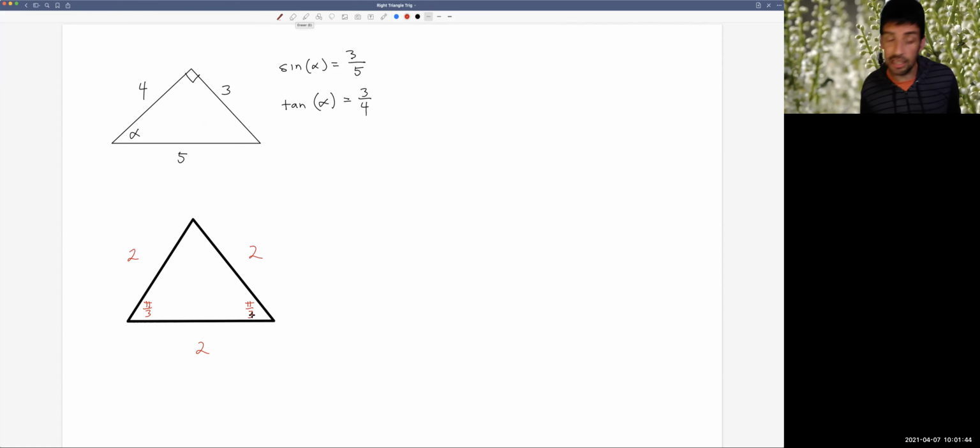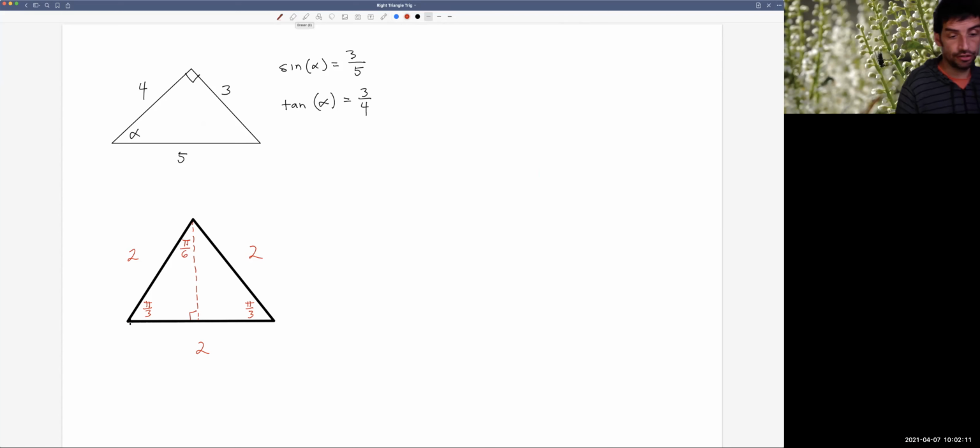I'm just putting 2 in because we're doing right angle trigonometry. We don't have a right triangle. But if I drop this vertical line so that it's perpendicular with the base, notice that I have split this top angle in 2 by symmetry, which means it's half of pi over 3, or pi over 6.